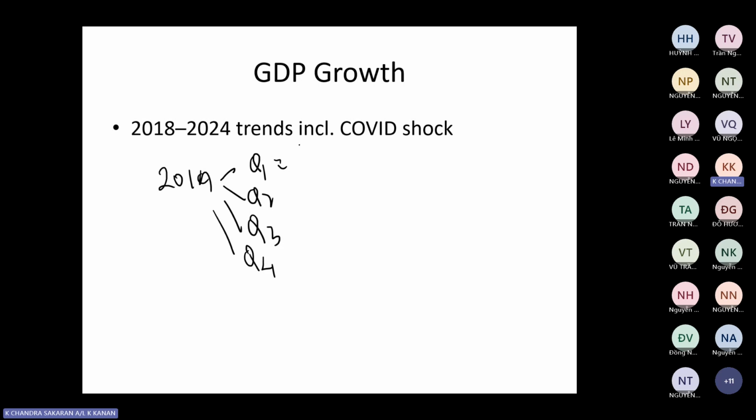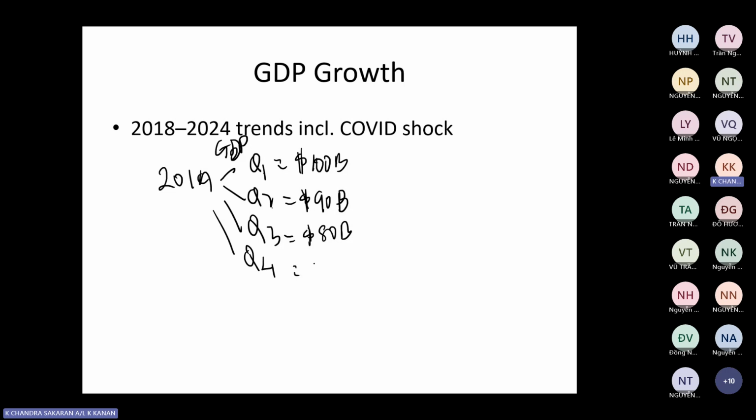Okay, so let's say this one is 100. This one drops to 90 billion. And this continues to drop, 80 billion. If the GDP drops for 2 quarters consecutively, this is quarterly GDP data, it is recession.